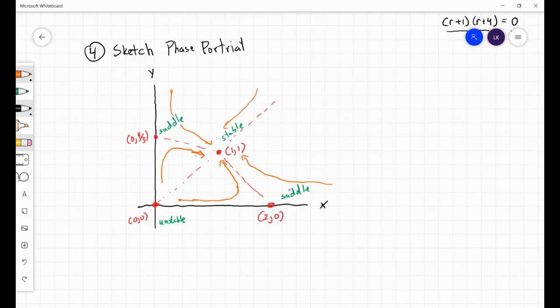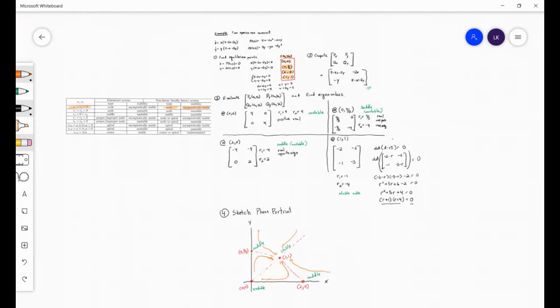So what this is telling us is that at point 1, 1, the species could coexist, in fact, in equal numbers, I guess, since x and y are both 1. So that was an example of a model of two species that could coexist because we have a stable node at the equilibrium where neither x nor y are 0.